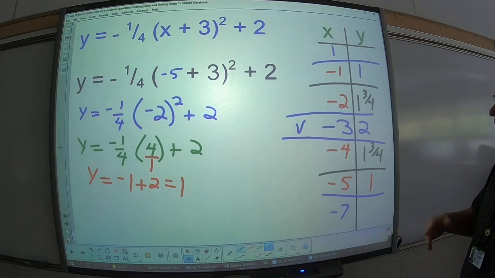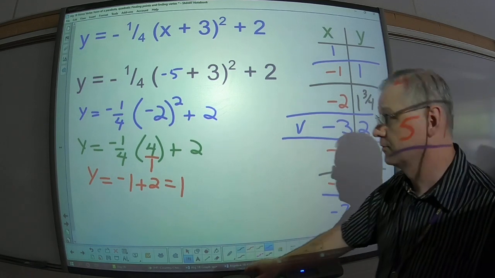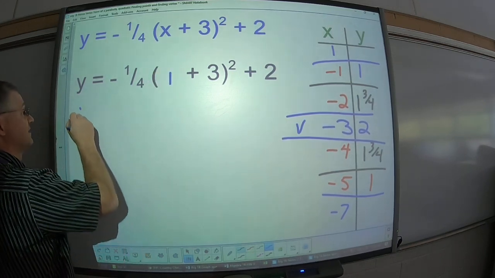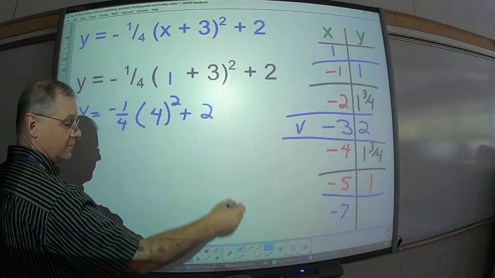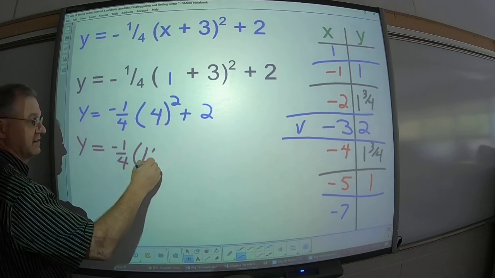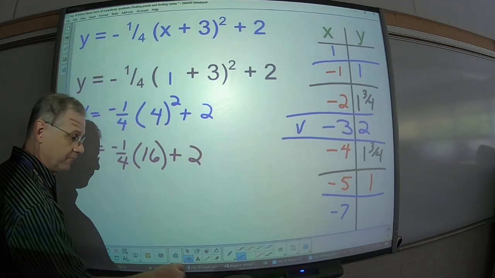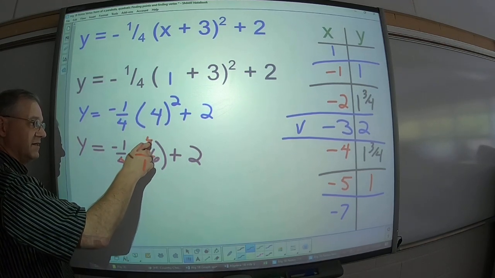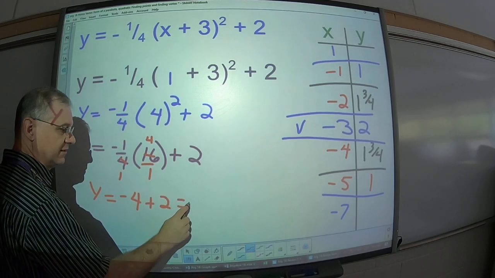Let's see if those not only come out to the same value, but also come out to a nice answer. 1 plus 3 is 4. 4 squared is 16, because we have to do power before we multiply. Reduce the 4 with the 16, and you get -4 plus 2, which is going to come out to -2.